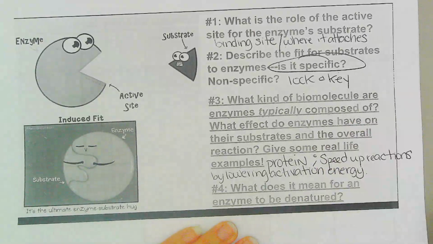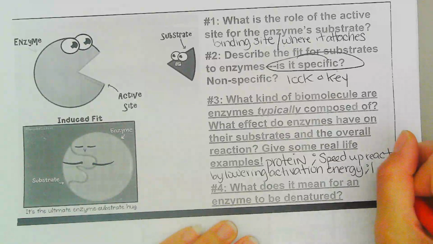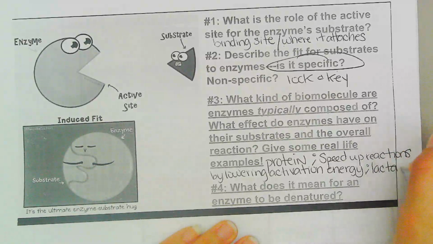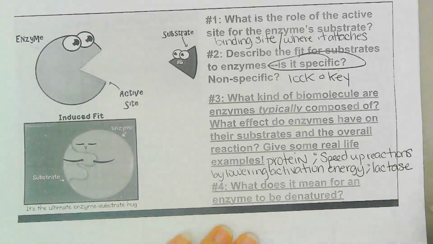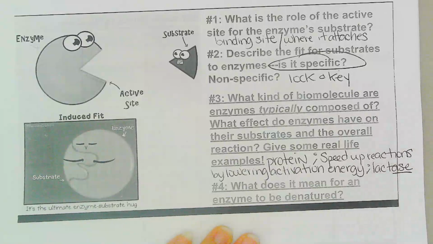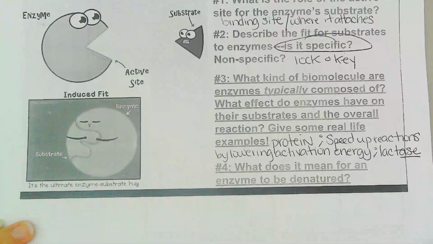What's an example of an enzyme? Lactase. Right? You can take a pill of lactase. It has lactase in it. It's going to help you break down milk, lactose. Lactase is an enzyme. So what does it mean to be denatured?